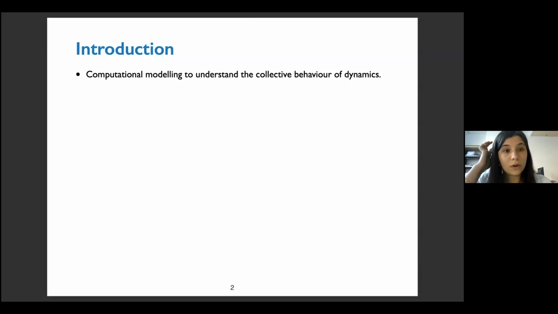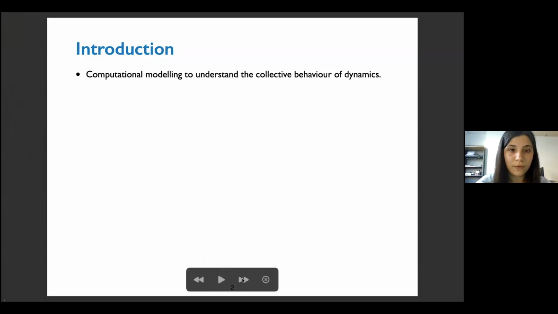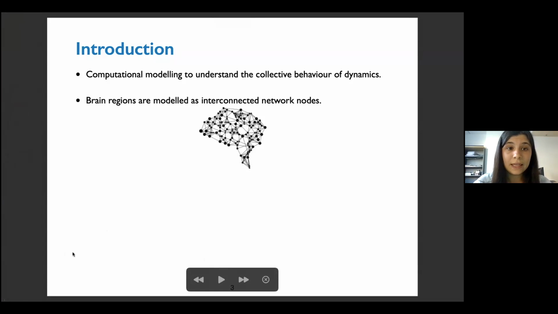The main idea of these computational models is to idealize the processes responsible for generating the observable spatiotemporal features that we can find in the signals that we have. The idea is that we have some brain regions whose dynamics will be modeled, and we consider that these brain regions are interconnected among them.